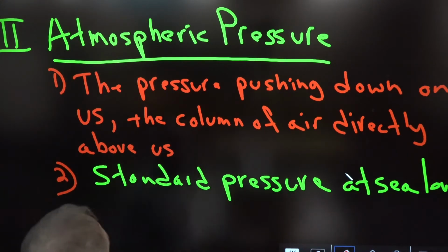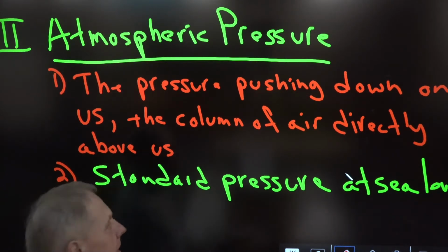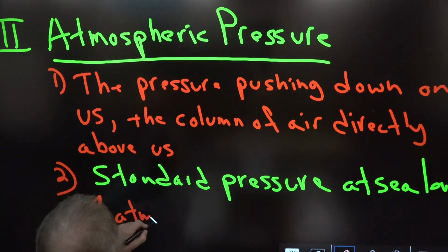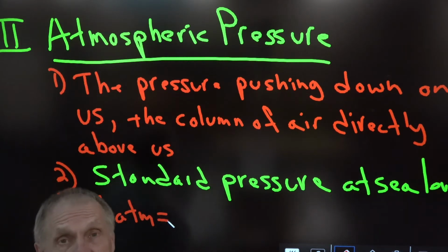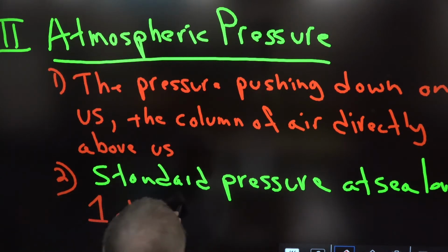Now, standard pressure can be expressed in 4 different ways. Number 1, standard pressure can be said to be 1 atmosphere. That's usually at sea level. 1 atmosphere is also equal to 1013 kilopascals.